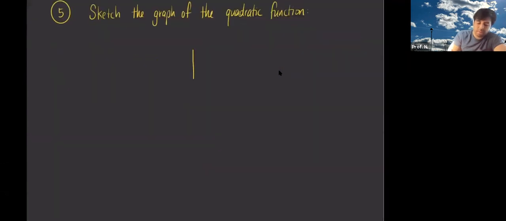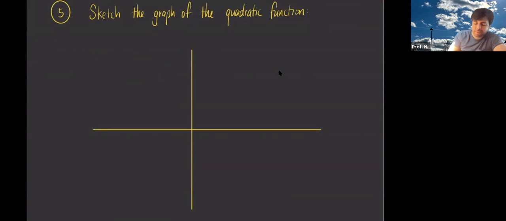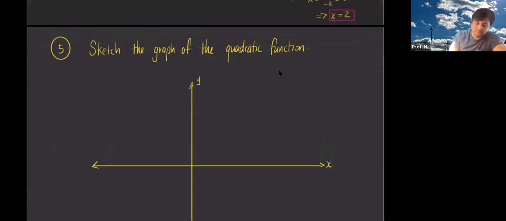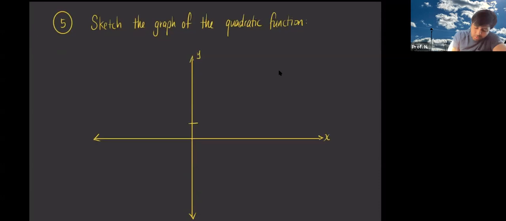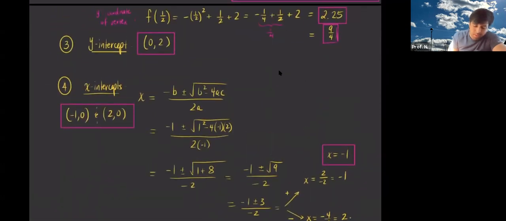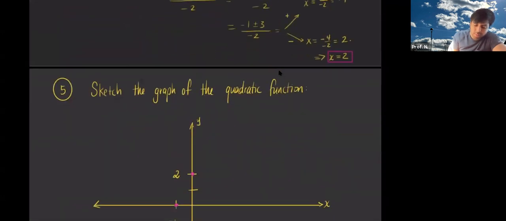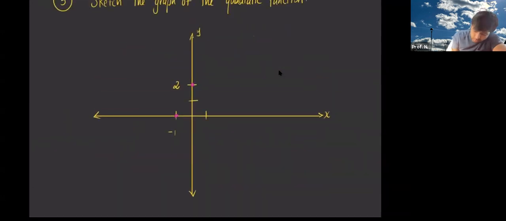So I'm going to graph it, draw the axes, the y value, the x value, and then I'm going to plot the points. I'm going to plot 0, 2. So 0, 2 is right here. This is 2. And then I'm going to plot the x-intercepts, -1. So -1 is right here. -1, 0. And then 2, 0.